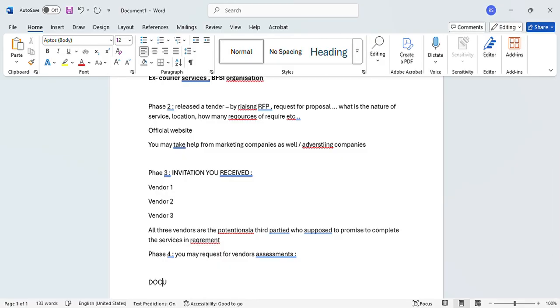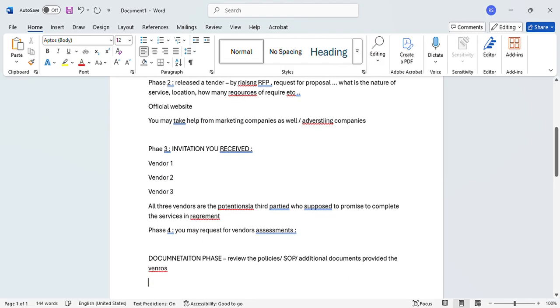Number one is the documentation phase. Documentation phase means you need to review the policies, the SOPs, and all the additional documents provided by the vendors. So this is stage number one.